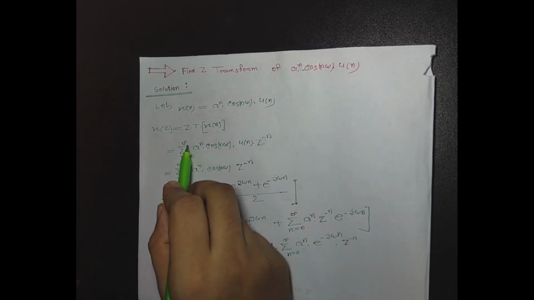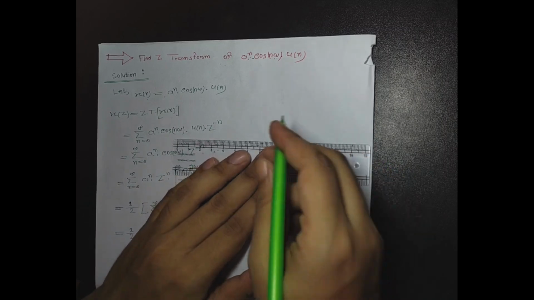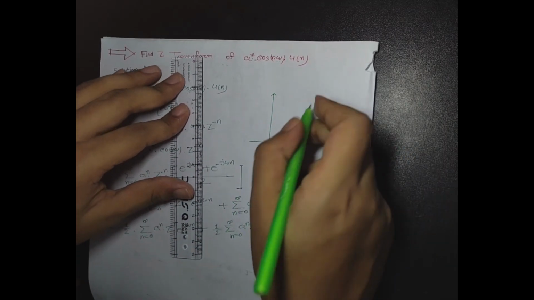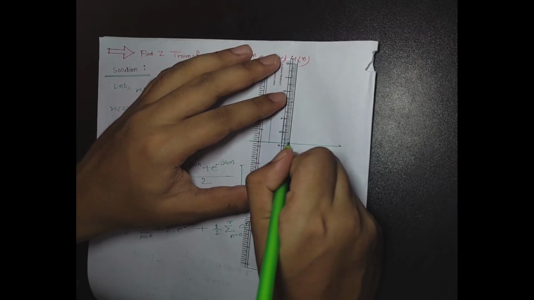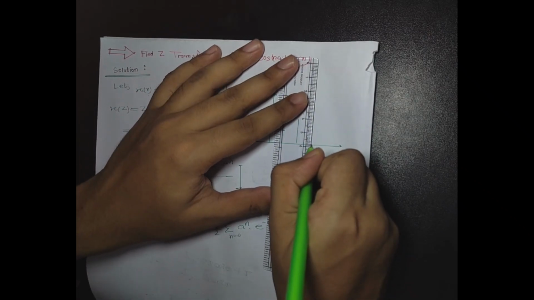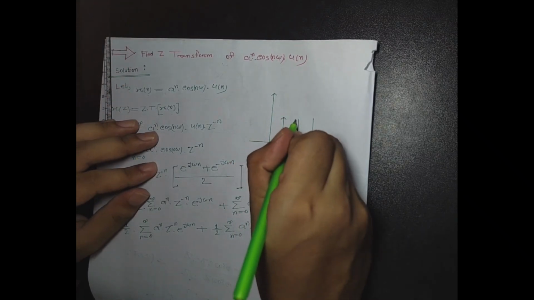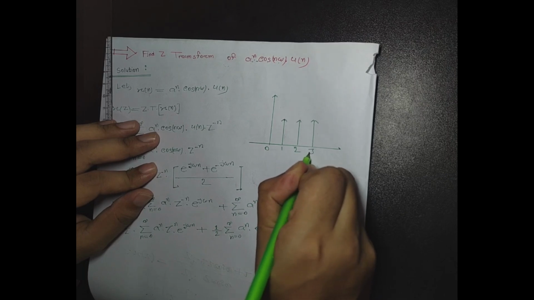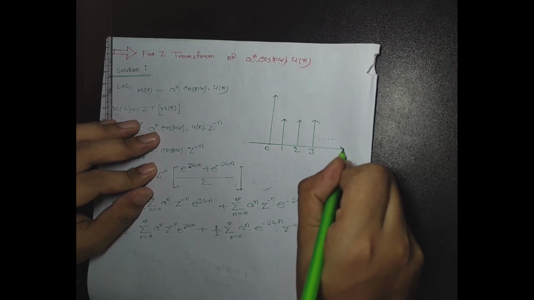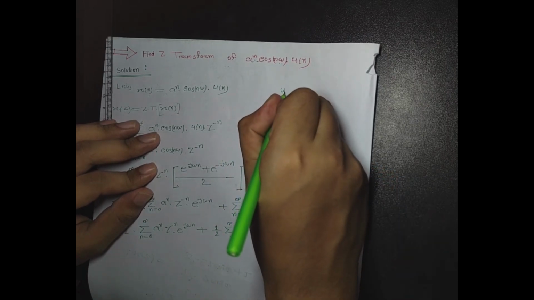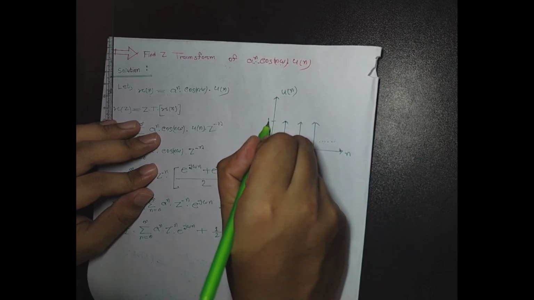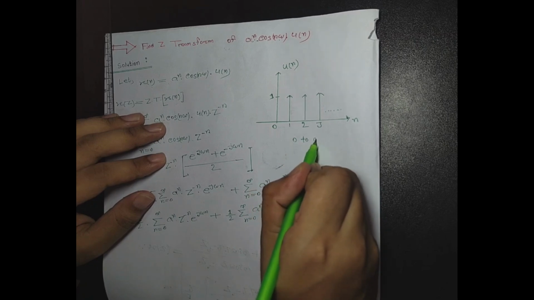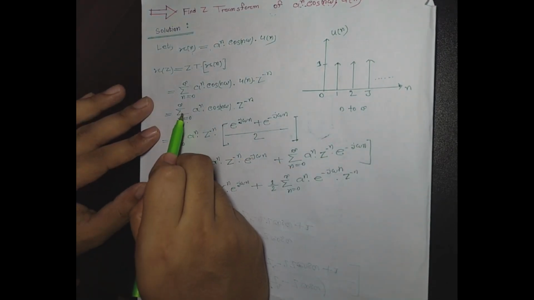If we draw the unit step signal, 0, 1, 2, 3 up to infinity, the range is 0 to infinity.